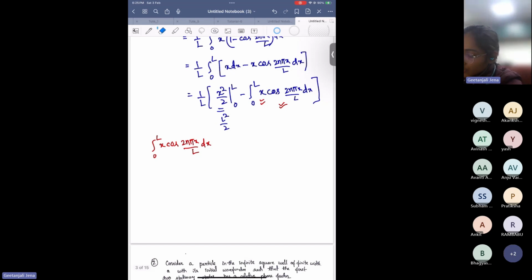The expression for the integration by parts rule is given in this form.